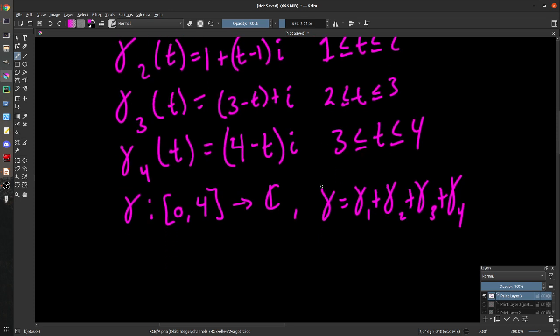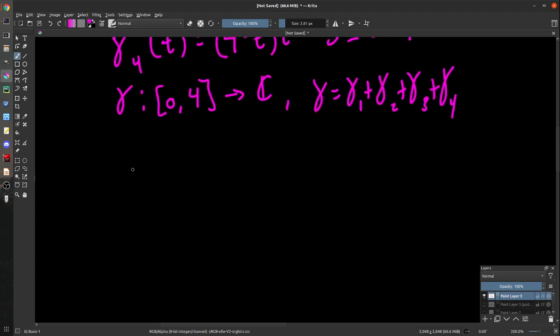Easy enough. Okay, so we compute each one in the regular good old-fashioned way. Integral of x dz about gamma 1. We're just going to do exactly the same thing every time.